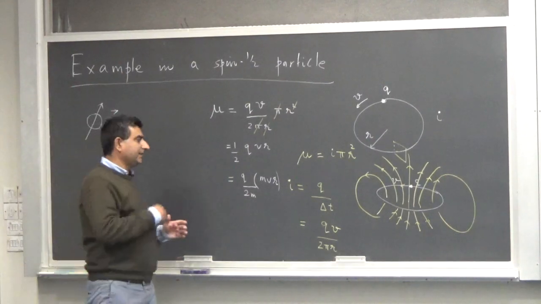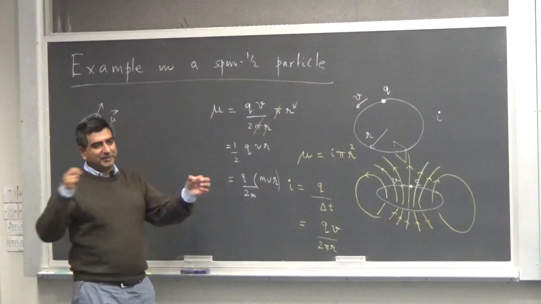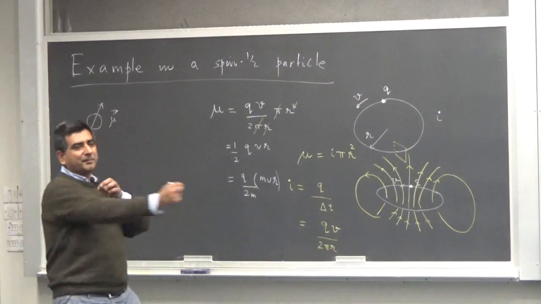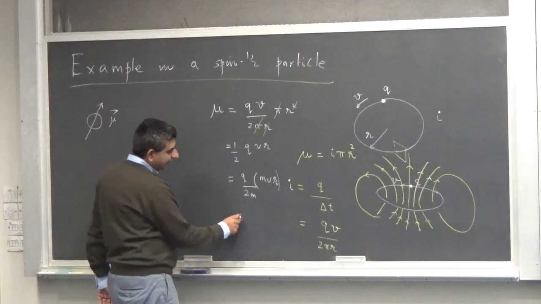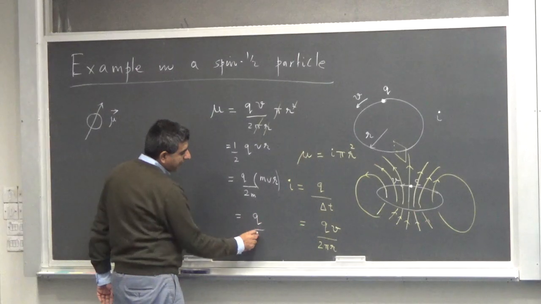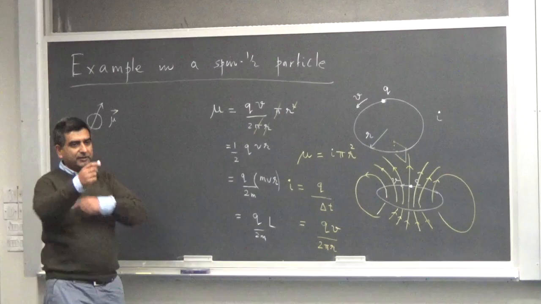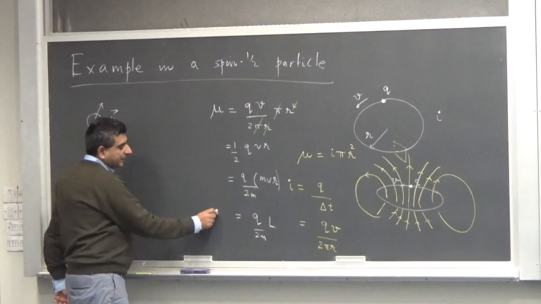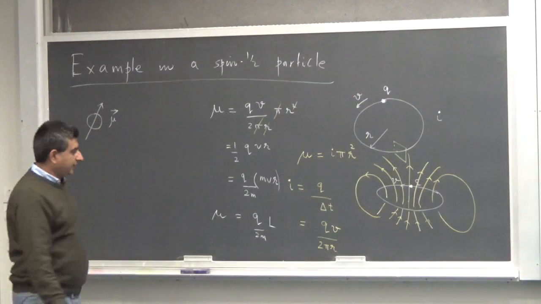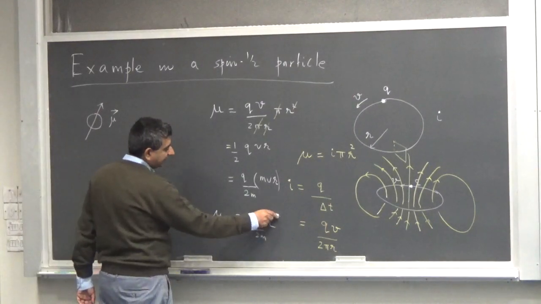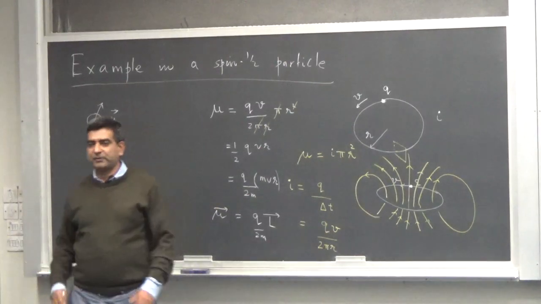Right? So mass into velocity is the momentum. You multiply it with the moment arm, you get an angular momentum. So this is really Q over 2m times the orbital angular momentum. So the magnetic moment is proportional to the orbital angular momentum. And if I would like to put a vector sign on this, this is what the magnetic moment really is.